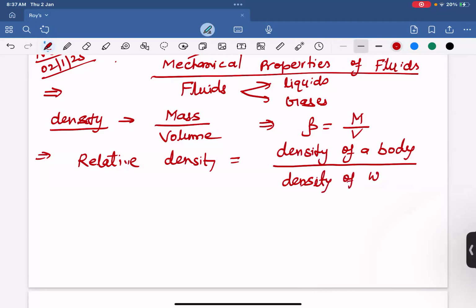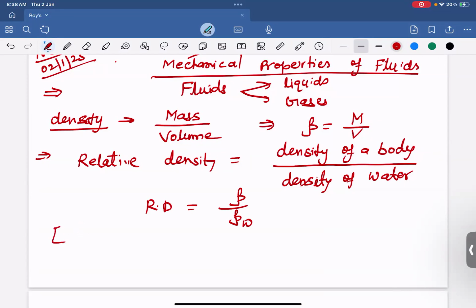Understood, Neil? Yes, sir. That means relative density is equal to density of the body divided by density of water.